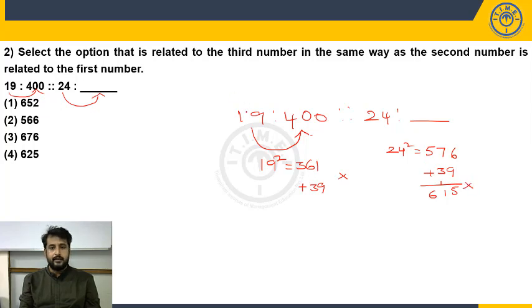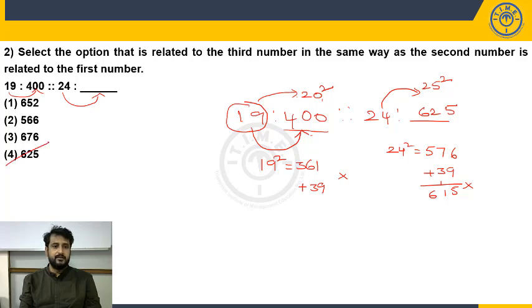But I can think in another way. 19's next number is 20, because by looking at the number 400, you should get the idea that 400 is 20 square. 20 square is 400. Similarly, 24's next number is 25 and 25 whole square is 625. Is it available in the choices? Yes. So my answer is choice 4.